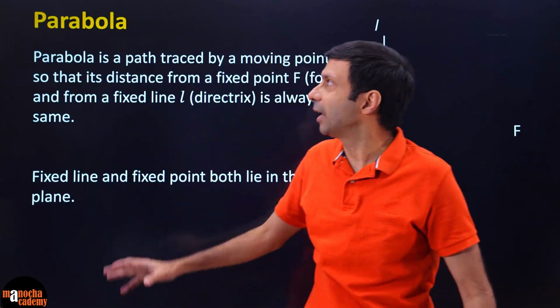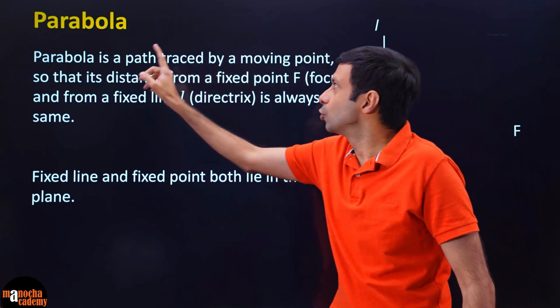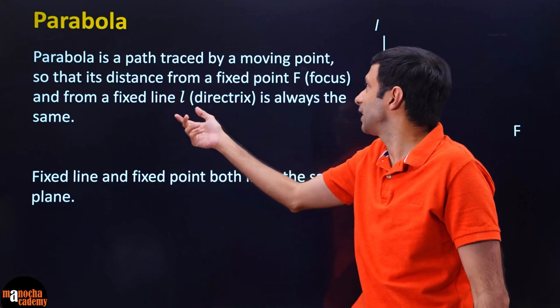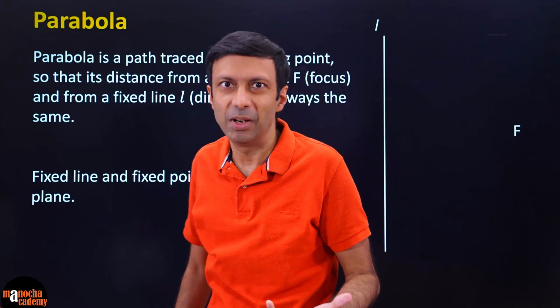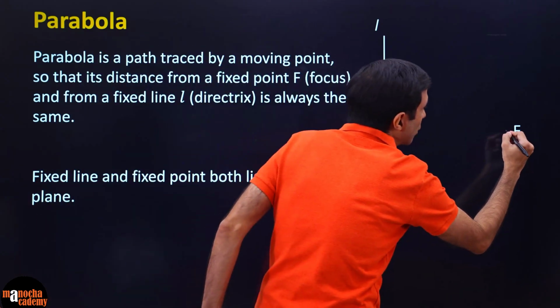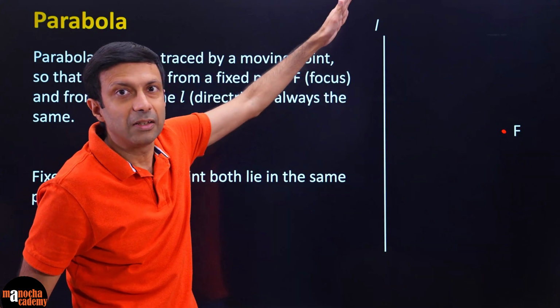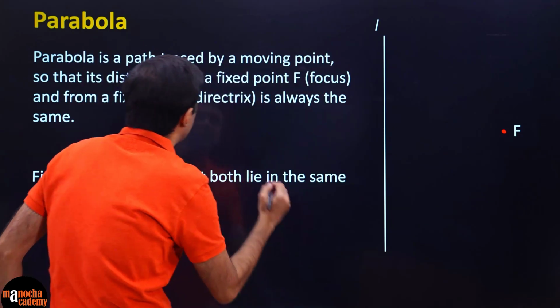A parabola can be defined as the path traced by a moving point so that its distance from a fixed point, the focus, and from a fixed line is always the same. Let's visualize this with a simple example. Let's first take our fixed point, which we are going to call the focus. Let's say this is our fixed point, the focus, and I have taken a straight line over here, which is called the directrix.